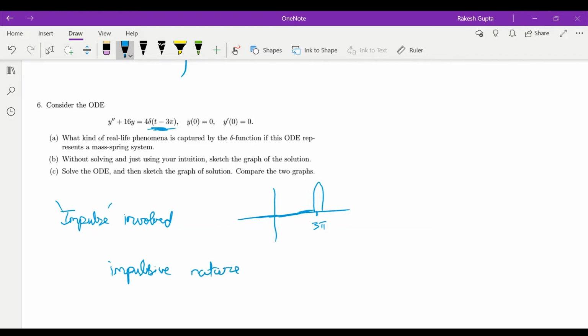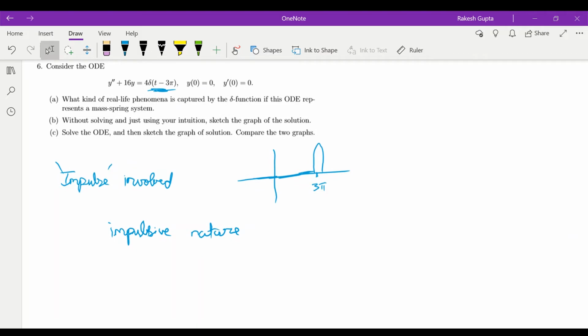We can say that this phenomenon could also be called impulsive nature. This impulsive nature usually happens in a spring block system. For example, this is a spring and there is a block connected to it.